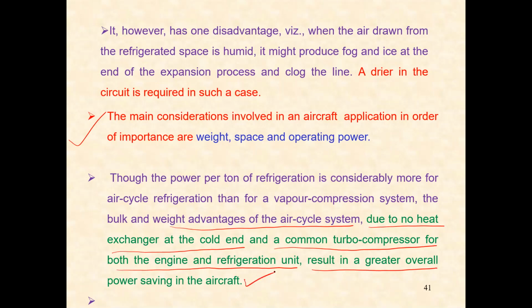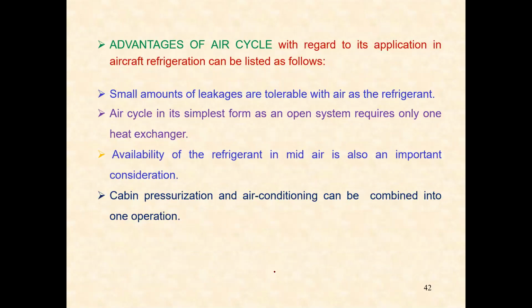So it is an important point. There is no heat exchanger at the cold end and a common turbo compressor for both engine and refrigeration. So overall there is power saving because weight is reduced, and weight is the reason that we go for the air cycle in case of aircraft.